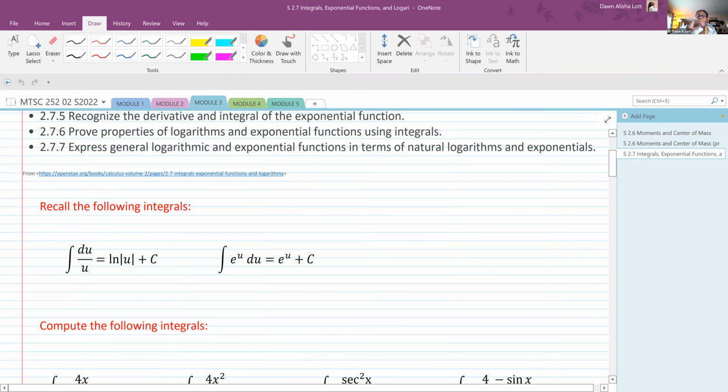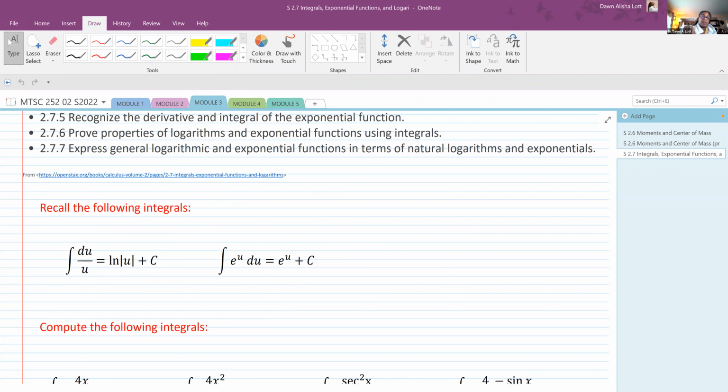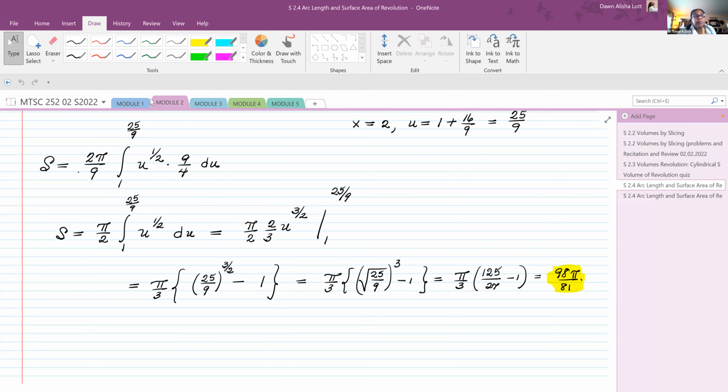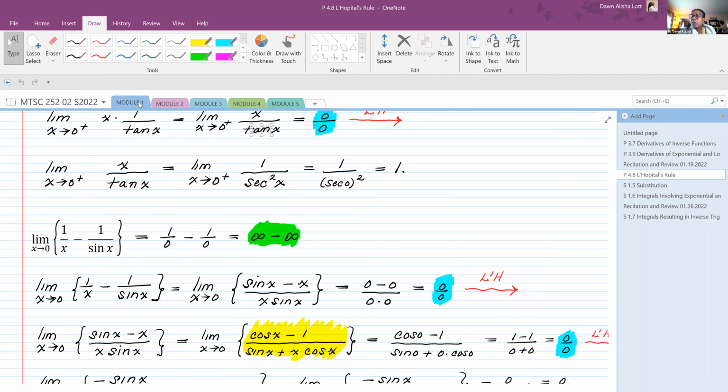The only thing I wanted to focus on, because we did all that in the previous chapter, and I forget what section that was. Section 1.6, we did a lot of that.